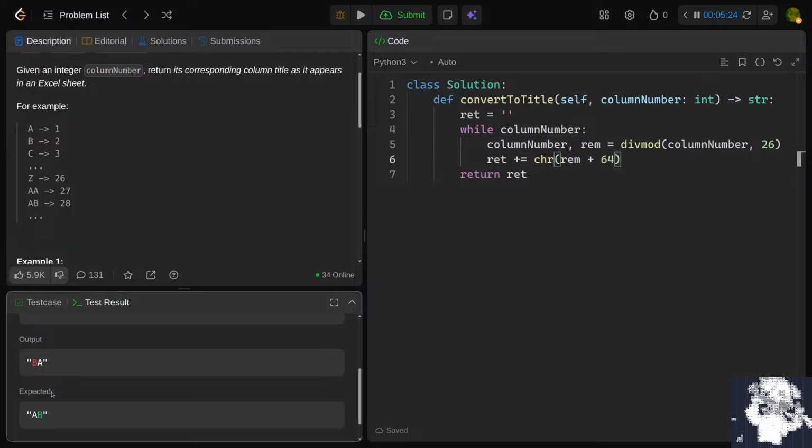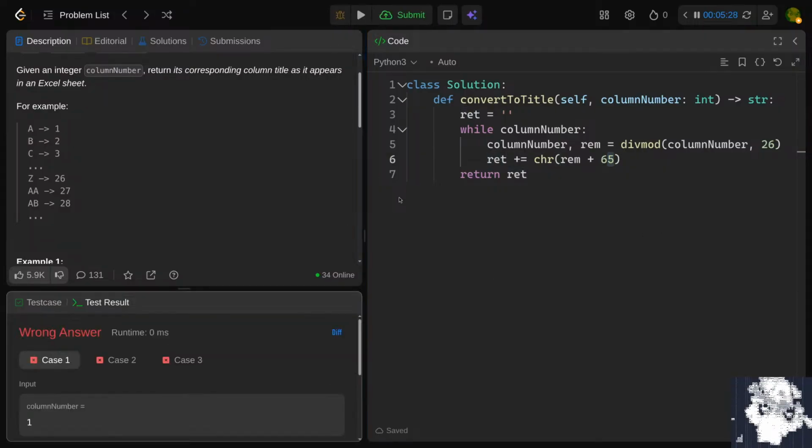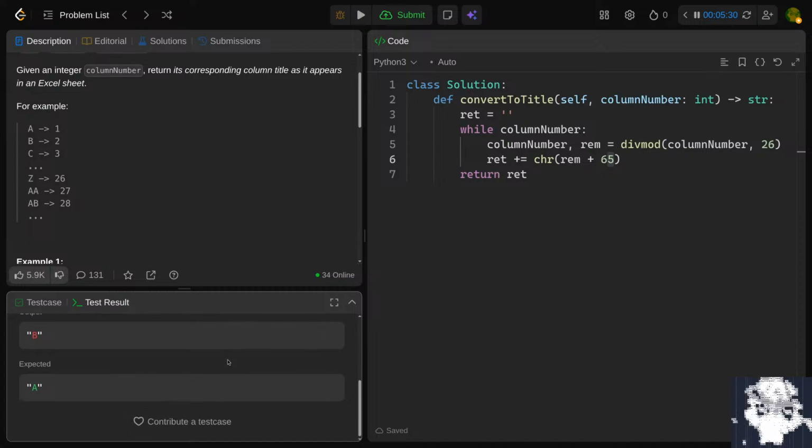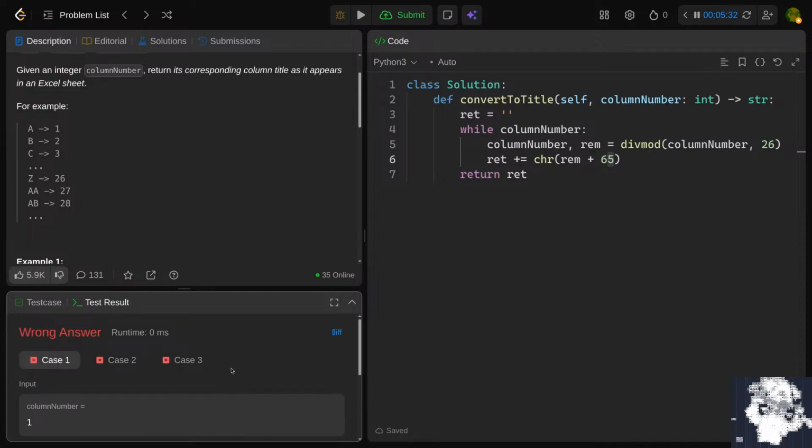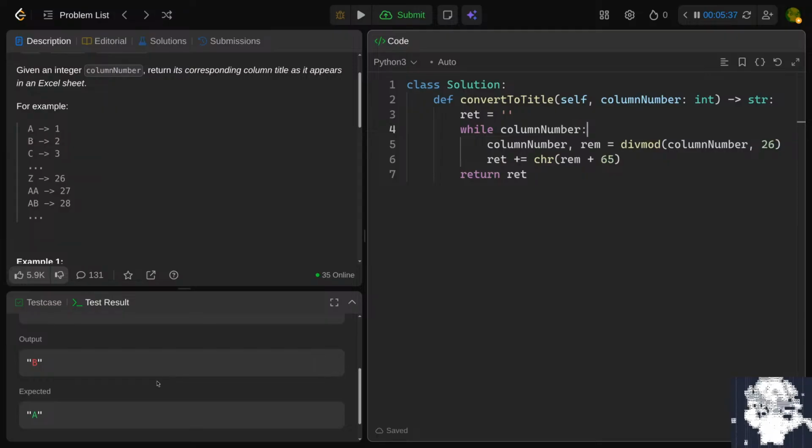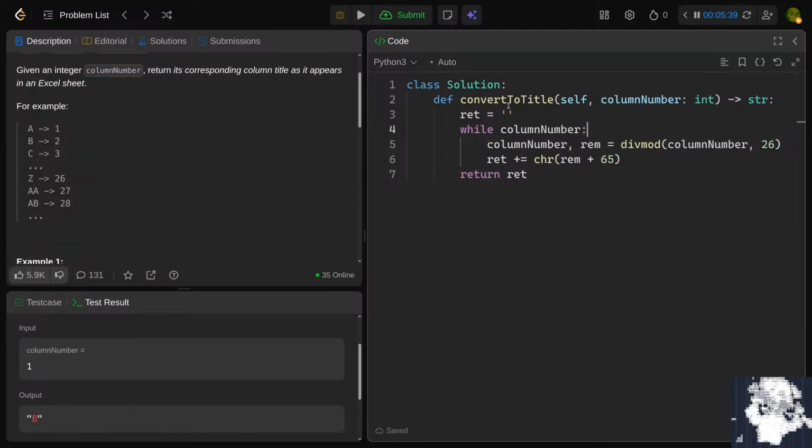Hold on. Okay, why is this so hard for my brain to wrap my brain around? So when you give me 1, I say, okay, there's still stuff to do.